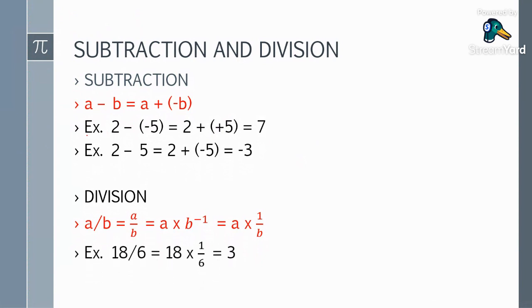Thus, 18 over 6 or 18 divided by 6 is equal to 18 times 1/6, and the answer is 3. So that's the field properties of the real numbers.